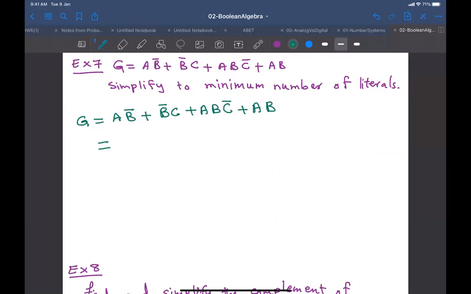So we take A, and then how many terms have A? 1, 2, 3. So we have B complement ORed with B, C complement, ORed with B. And the only term that doesn't have A is B complement C.